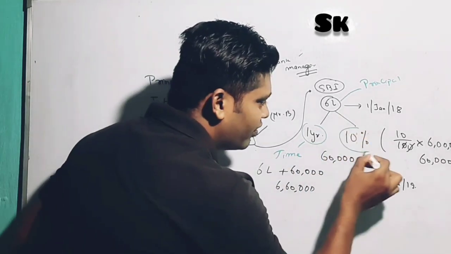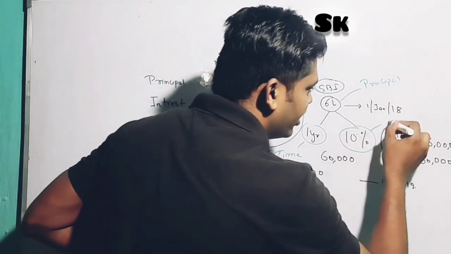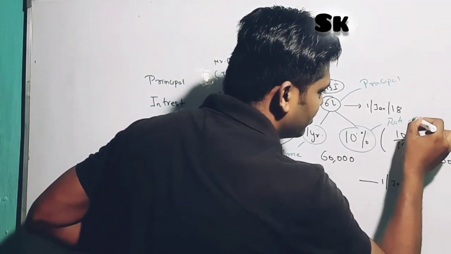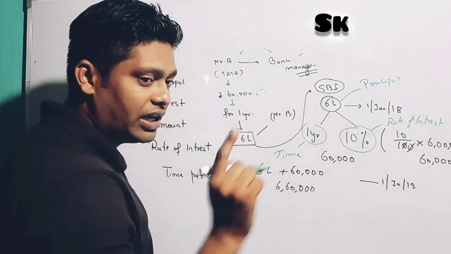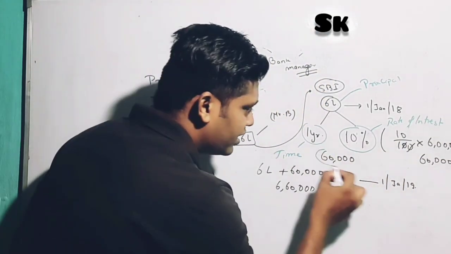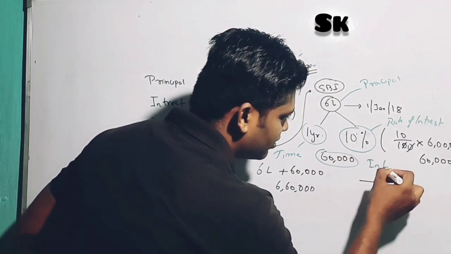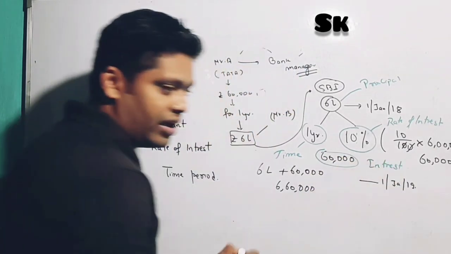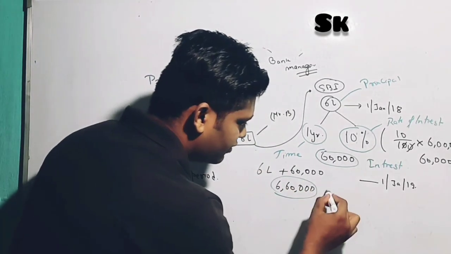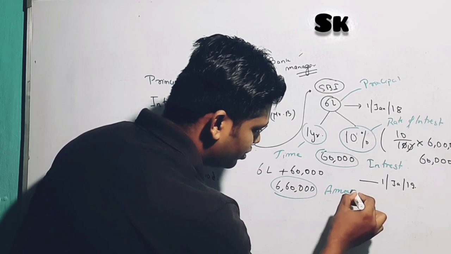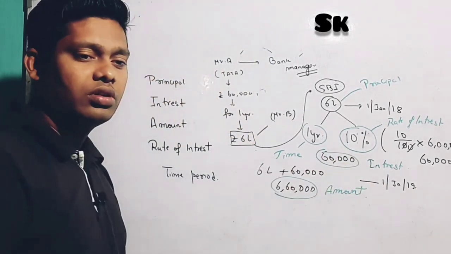And the percentage, whenever the percentage sign is there, this is the rate of interest. Whatever the bank is paying you, that is interest. And at last, what you are going to get in your hands, that is the amount. Understood? So these are the terms.